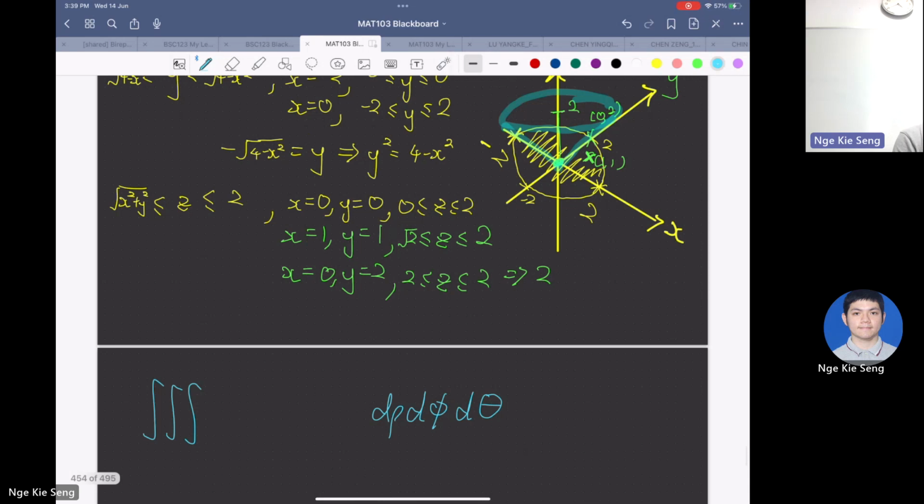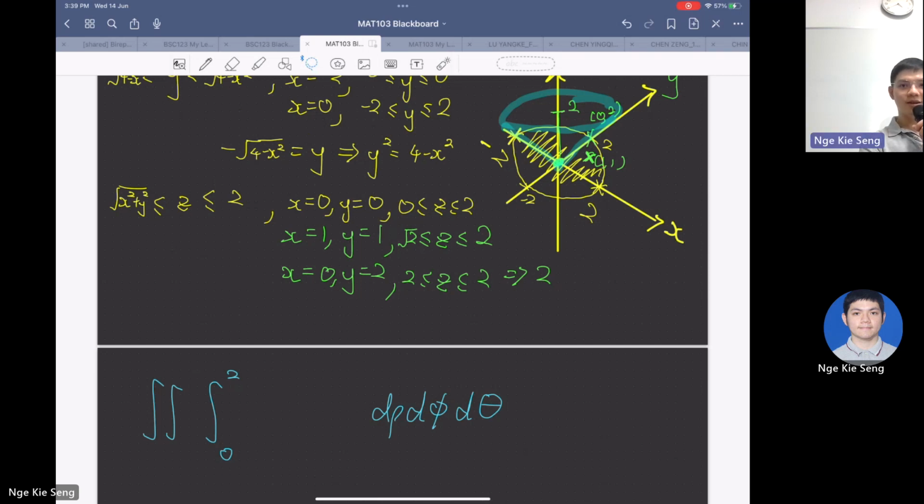From 0 to 2. Okay, and then how about phi? Phi is the direction from the positive axis. So what's this angle here? Phi goes from 0 to pi over 4.